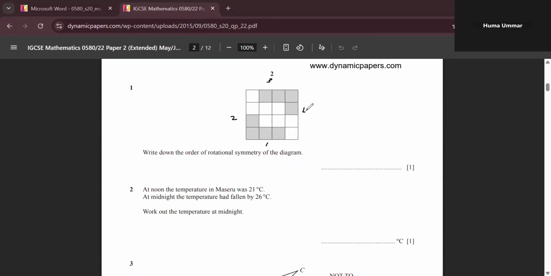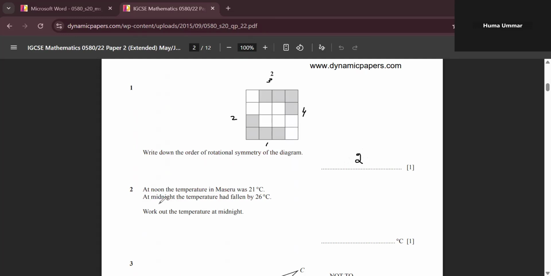Four sides are there, so you are going to rotate the figure four times. When rotating, check how many times you have the same diagram. When we rotate four times, we see two times we have exactly the same shape with the shaded portion. So the order of the rotation symmetry of the diagram is two.